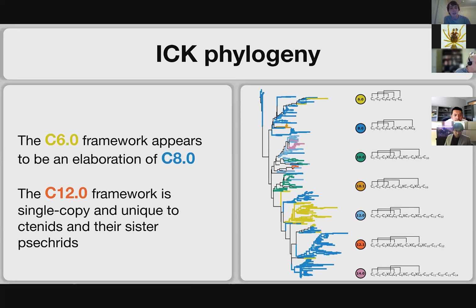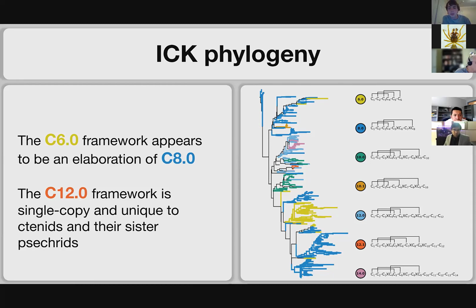And what we see is that the 8-membered framework is also the most abundant, but it appears that instead of it being an elaboration of the 6-membered one, the 6-membered one popped up a couple of times in the phylogeny, indicating that it's perhaps an elaboration of the 8-membered framework.